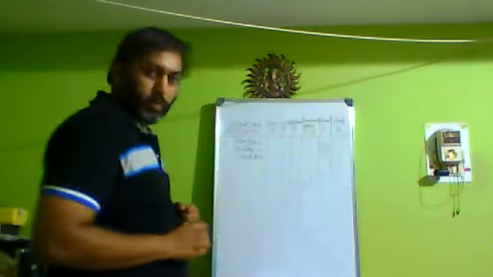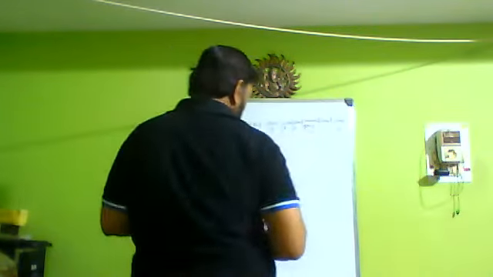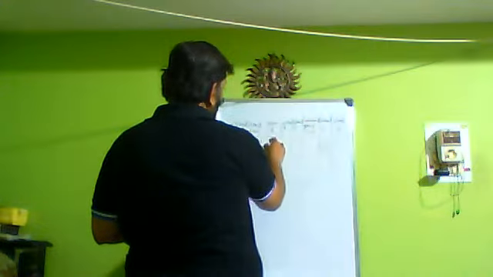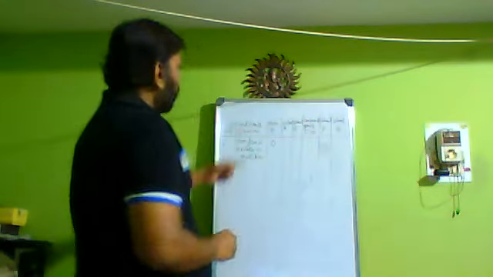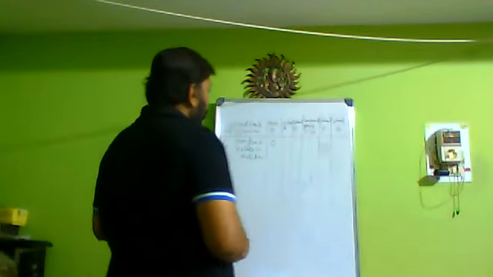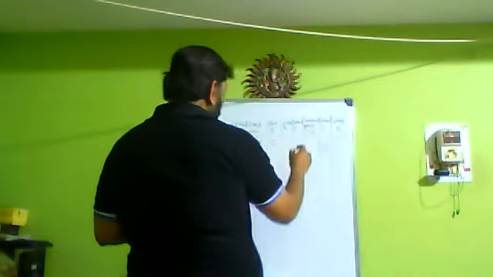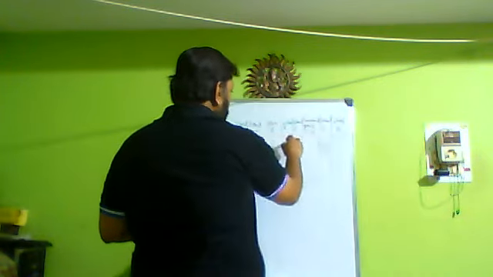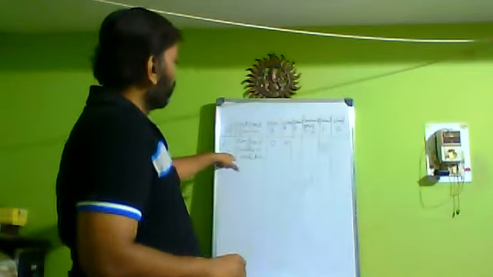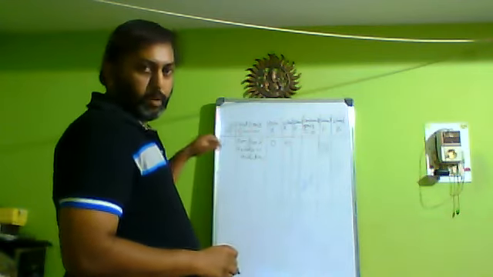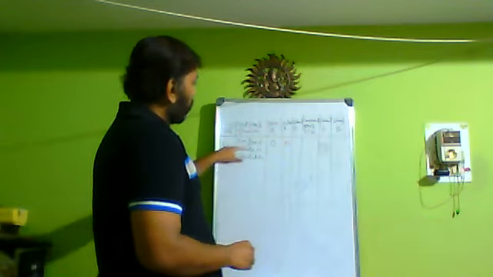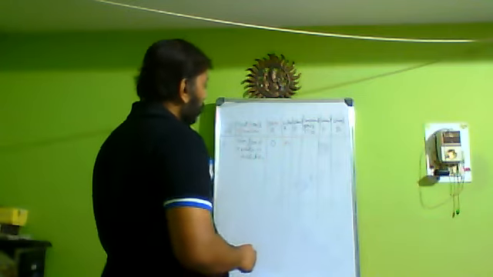Arm is fixed, so the arm will not have any motion. The wheel A will have plus 1 motion. That is, gear A rotates plus 1 revolution.